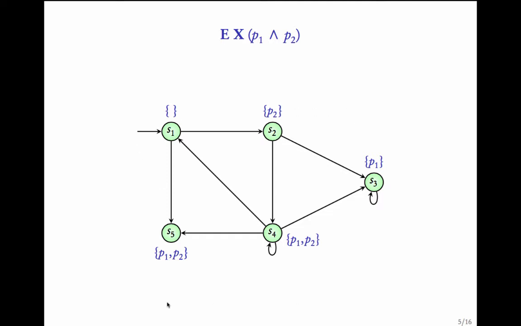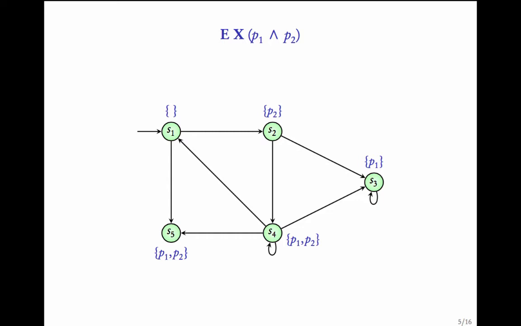This is the given transition system and these are the labeling of the states with atomic propositions. We want to check if the formula EX P1 and P2 is true in this transition system. How would we do it?